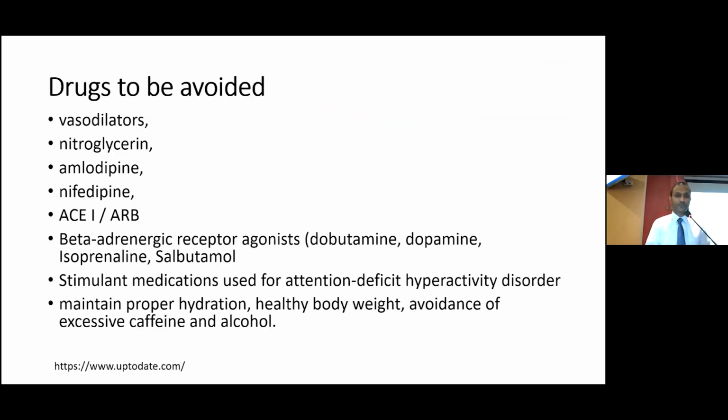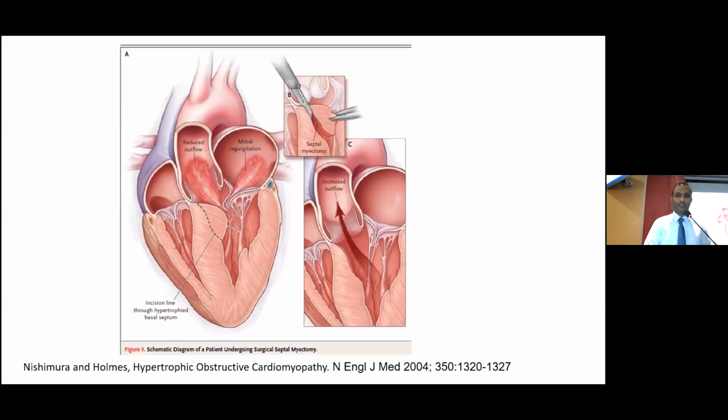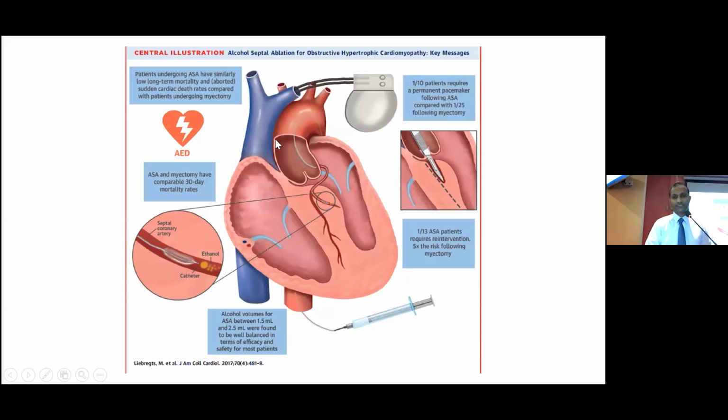These drugs should ideally be avoided: vasodilators, like GTN, amlodipine, and ACE inhibitors and ARBs. But mind you, if the patient has heart failure with reduced ejection fraction, you can still give ACE inhibitors or ARBs with caution. This is how we do surgical myomectomy: you surgically remove that obstructive part, or we can do it percutaneously with alcohol septal ablation.